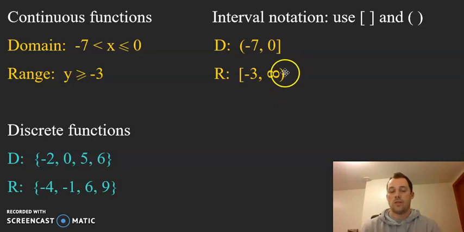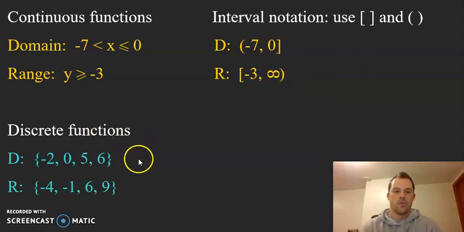But we have to use parentheses with positive and negative infinity. Because again, the bracket means that exact value is included in our domain or range, and since infinity is not an exact value, we can't say that y equals infinity. We can say that y goes to infinity, so we have to use parentheses with that.